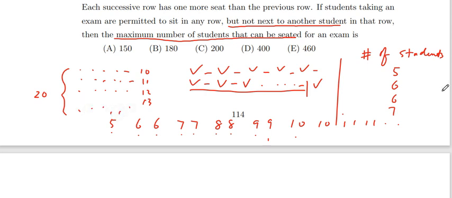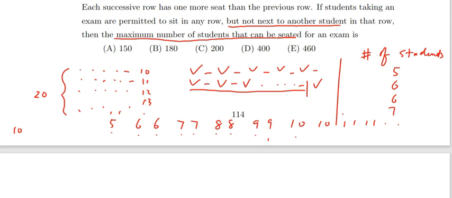This is just like an arithmetic sequence. So we have first number 10, the sequence 10, 11, 12, 13. We have 20 of those numbers.